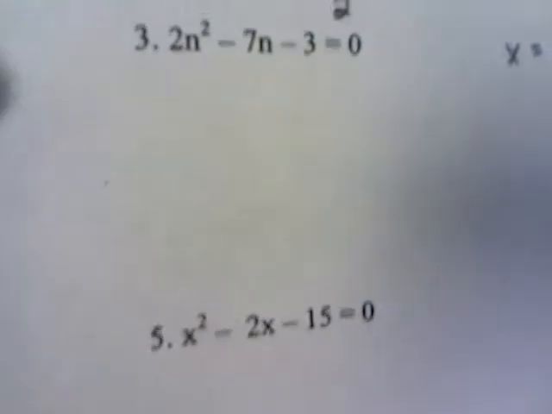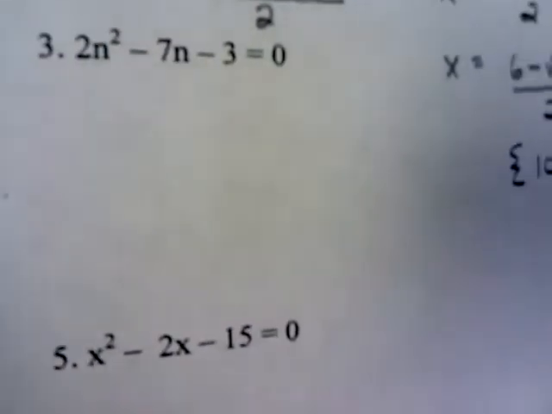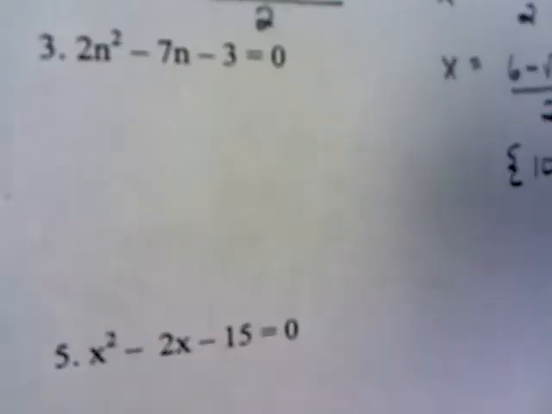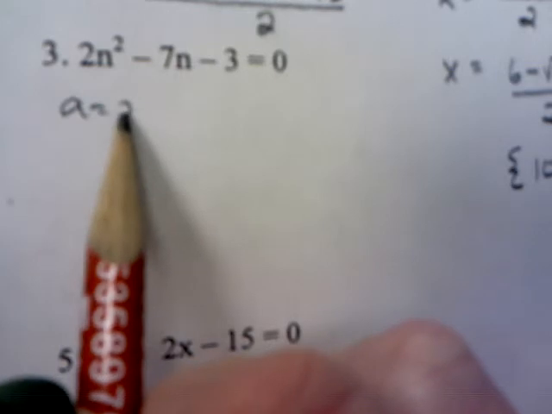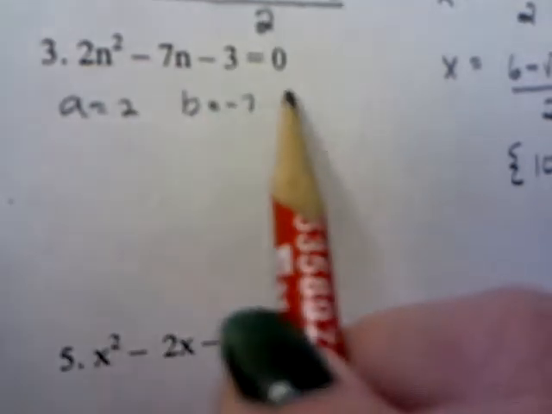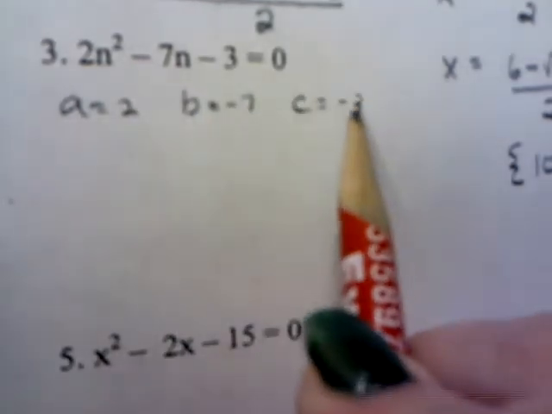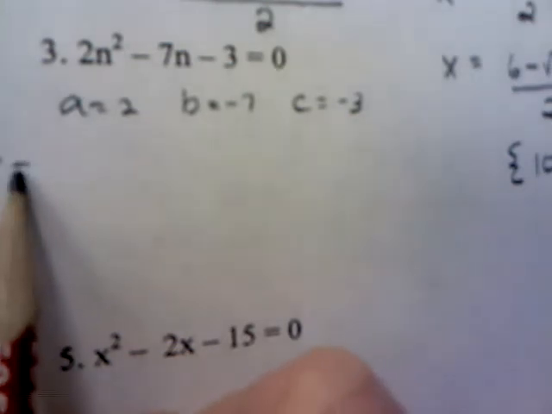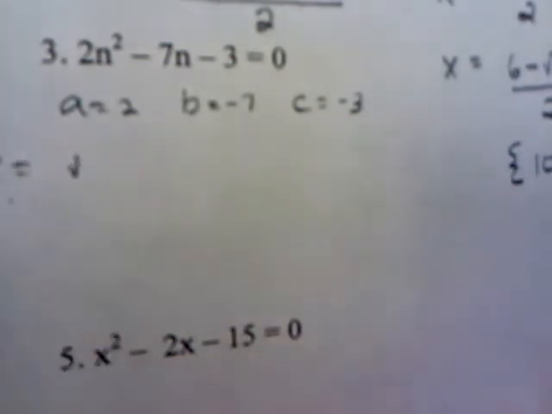One like number 3, I'll go ahead and do that, and then I'll do number 7. One like number 3 just happens to come up with an ugly radical. No big deal, we're good. So, again, identify my A, identify my B, identify my C, put it into my formula.